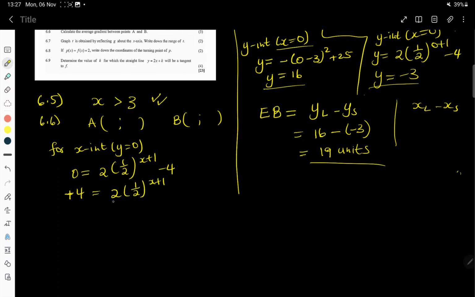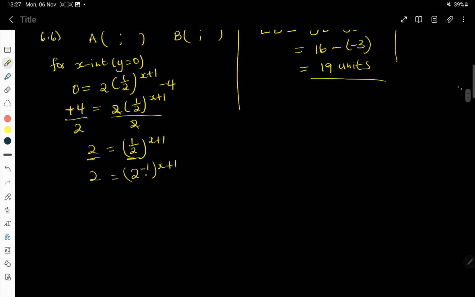Then you solve for x by dividing both sides by 2. It cancels off, then you remain with (1/2)^(x+1) equals 2. Then you change the fraction and make it the same base as that one. So it's going to be 2^(-1) to the power (x+1) equals 2.